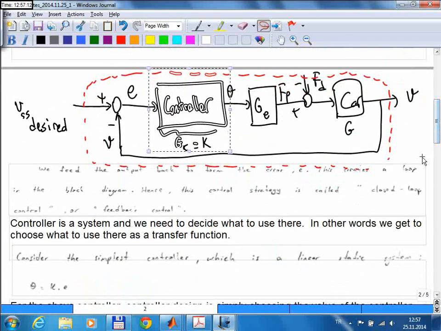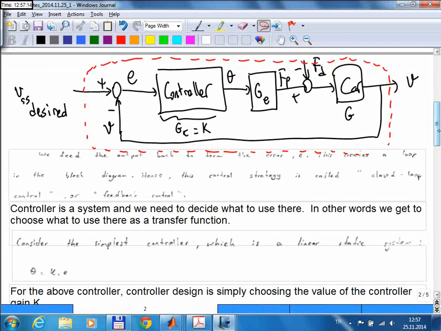Okay, so as I said, let's start with the simplest possible controller, which is just a constant number, and see how this works. Okay, and what I mean by that is, if we give the controller a target speed, let's see what the actual speed of the car will be when we put this controller in the block diagram.